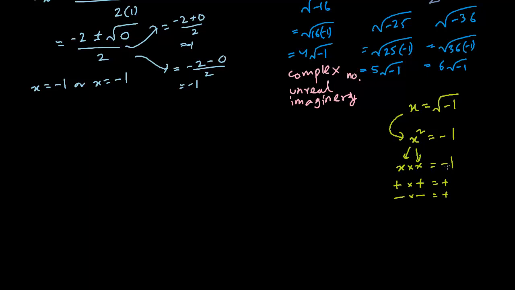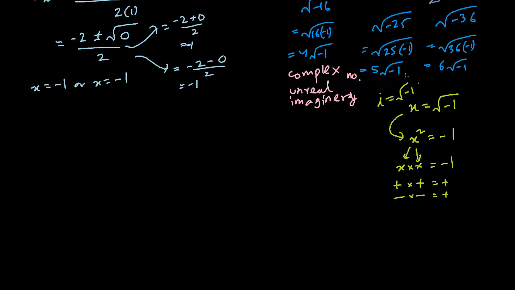So it is not possible. For this reason, we call this an unreal number. So square root of minus 1 is either unreal, or we can call it complex number, or imaginary number, and we often give it the symbol i. So the symbol i refers to square root of minus 1 or the imaginary number.